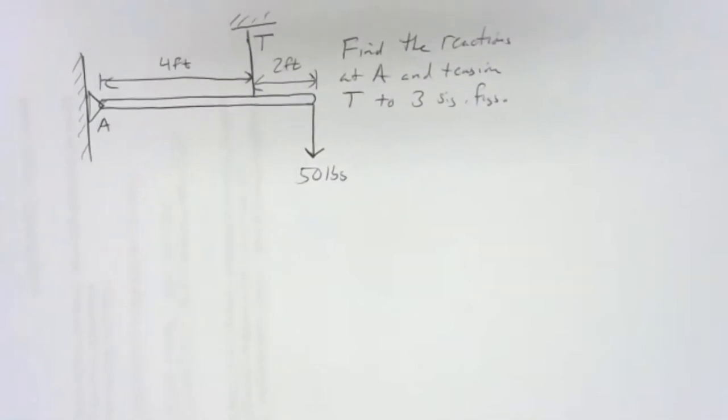So there we go. There's the problem. Looks a little bit different, but look at it a little bit first. See if you buy that it's in equilibrium. See how the structure is going to actually handle the loads, or try to get a feel for that. And then once you decide you believe it's in equilibrium, then draw your free body diagram and work out your equations.